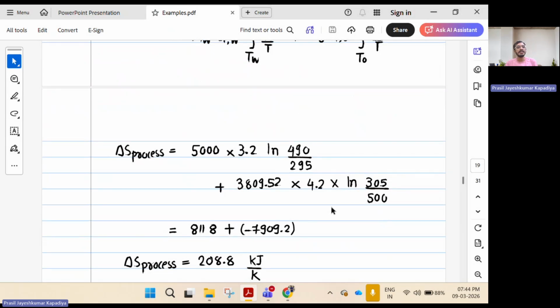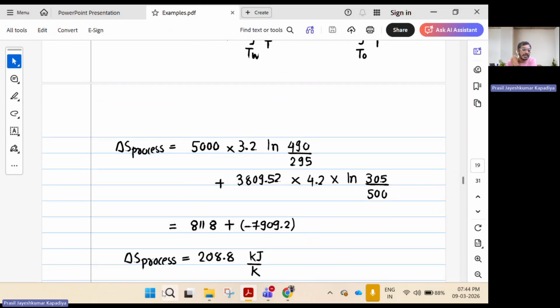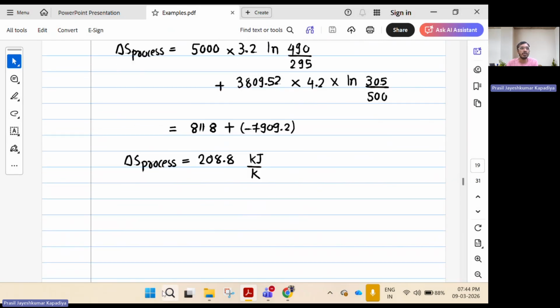So we see that entropy of water is reducing, but entropy of oil is increasing. So we are supposed to see the total change in entropy. When we add both the terms, we see that total entropy change of this particular process is increasing, and that is coming out to be 208.8 kilojoules per Kelvin.